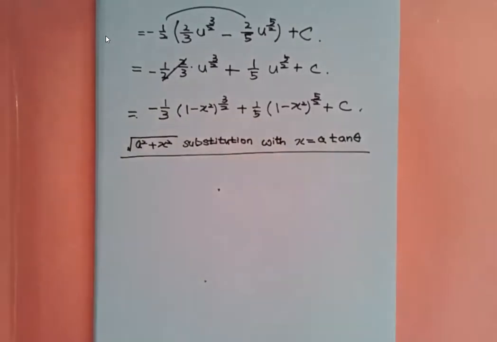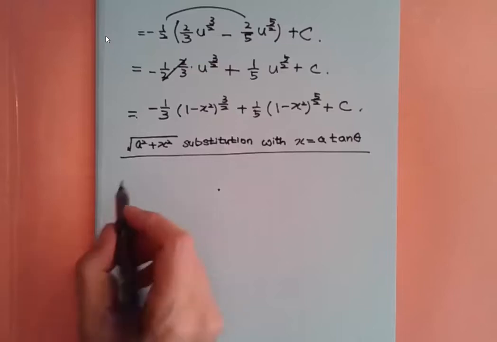So this is the last typical trigonometric substitution. When the expression is the square root of a squared plus x squared, the substitution will use x equals a tangent of theta.